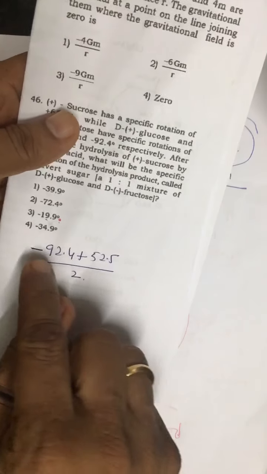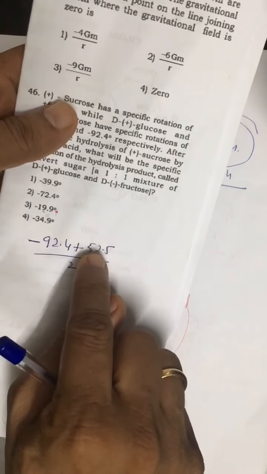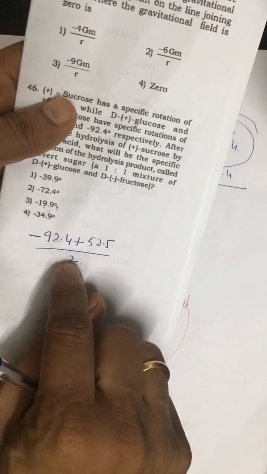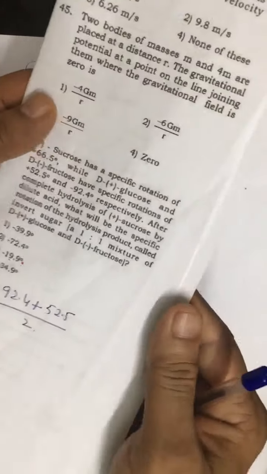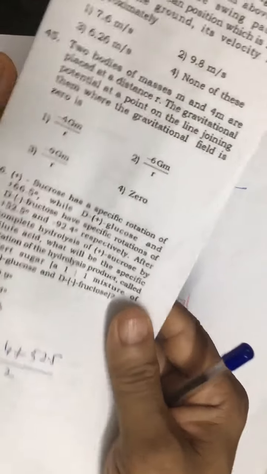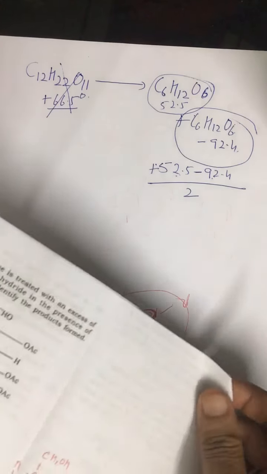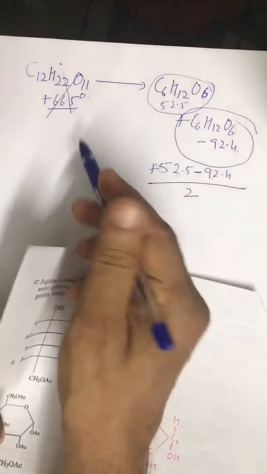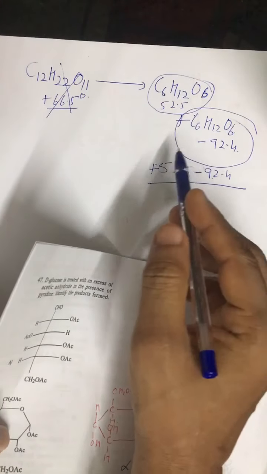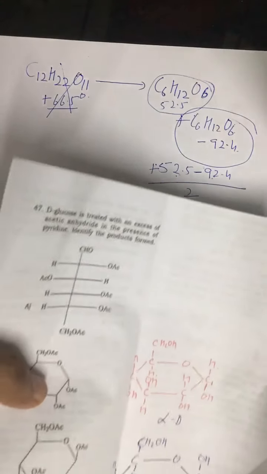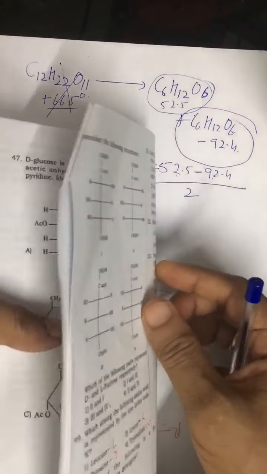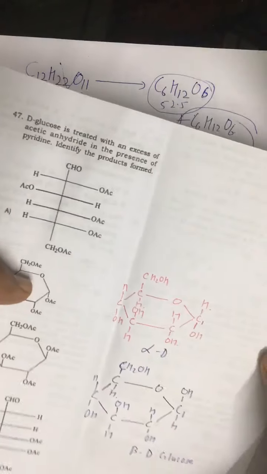So before the reaction, the sucrose had positive optical rotation, plus 66.5, and after the reaction we are getting minus 19 point something. So a change in optical rotation is occurring. That is why this is called inversion.